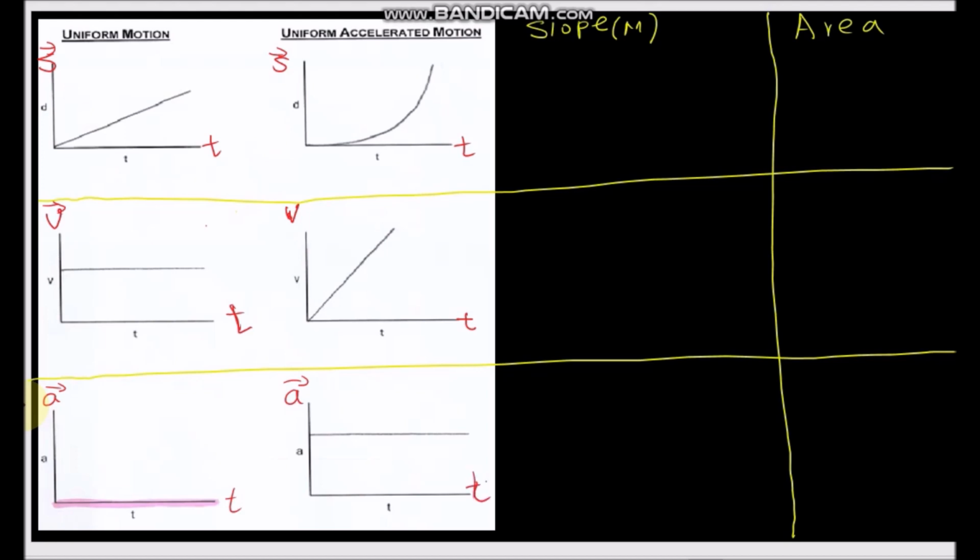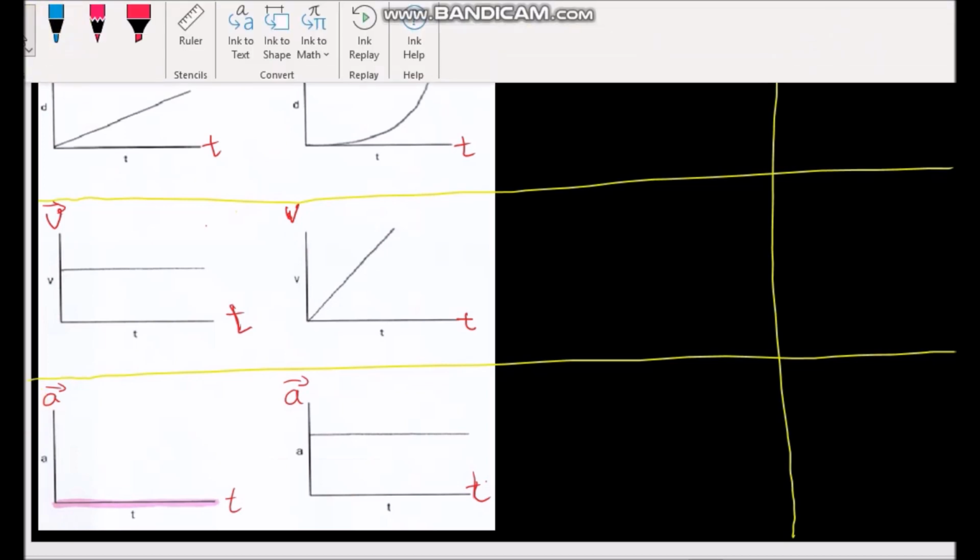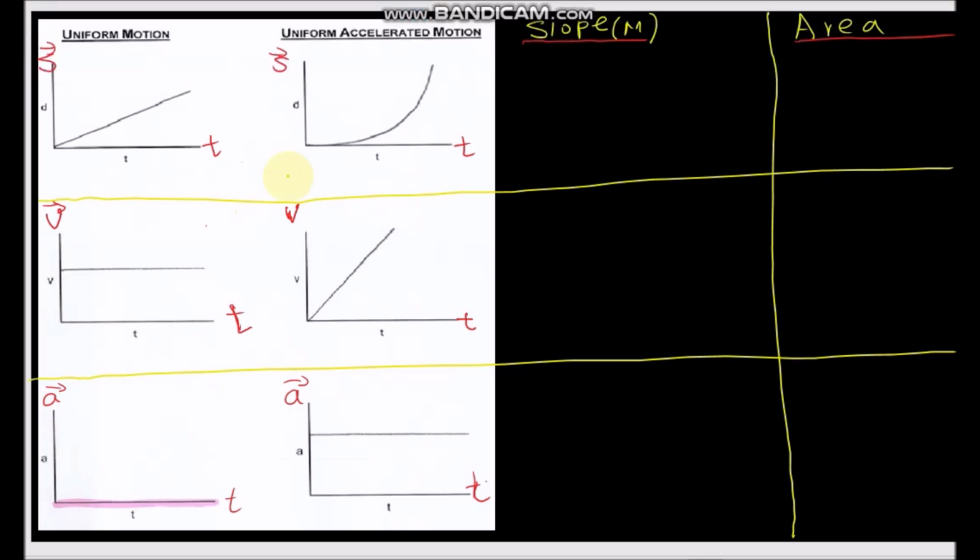Now we are going to calculate the slope and the area for these graphs. The slope m means change in y by change in x, as in your mathematics. For the displacement time graph, how can you calculate the slope? It means change in displacement by change in time, which gives the velocity.